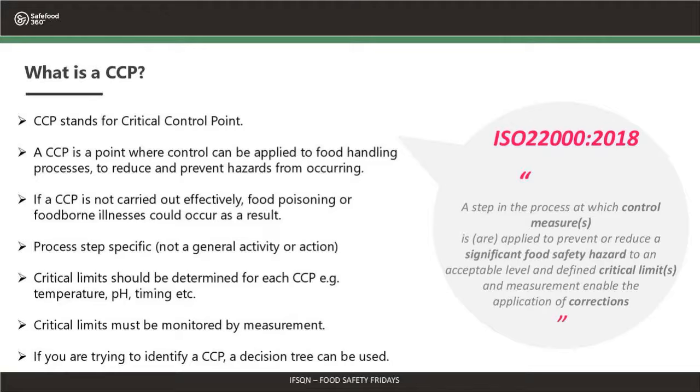So if it was, let's say, cooking or baking, we need to have maybe defined temperature limits and timing perhaps as well. And we can identify a CCP using risk assessment and then a decision tree, which we'll see later on.